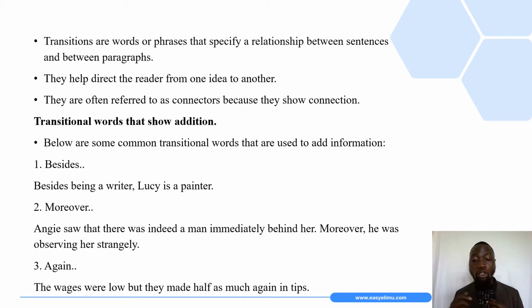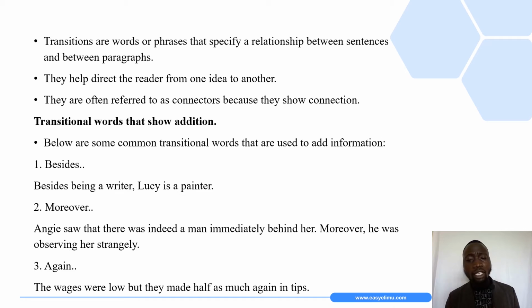Then there is the second bit, that he was observing her strangely, which is additional information, something that Angie was able to observe, apart from the fact that the man was following immediately behind her.